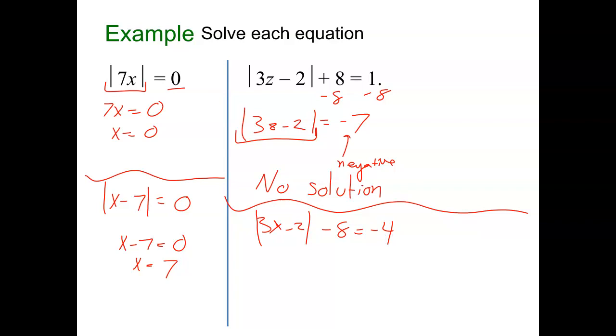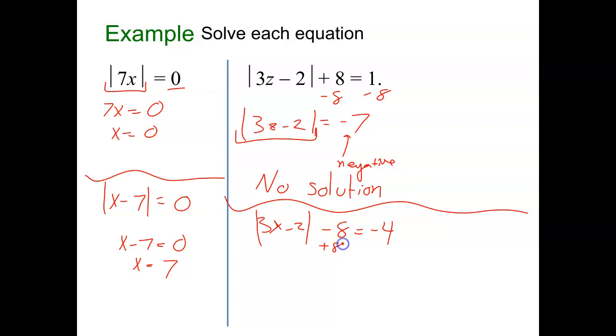Okay? Right now, my equation equals negative 4. So the impulse might be to say, oh, it's no solution. I can't get a negative. But you can only make that determination after your absolute value is isolated. Because here, it was set equal to a positive number. But I still end up with no solution.